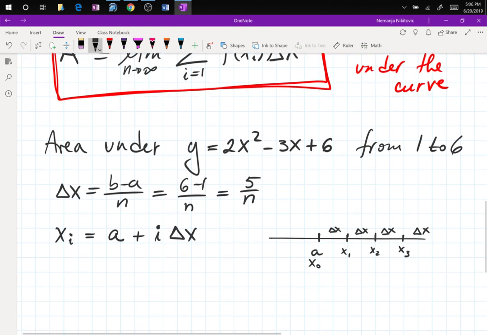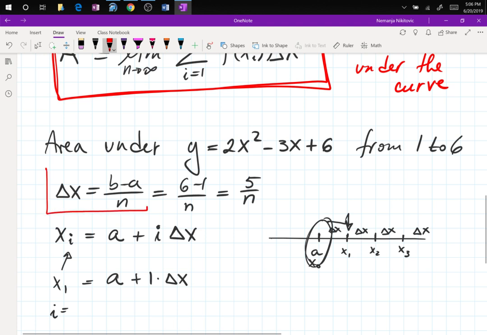So to find x1, your i is equal to 1. And x1 is a plus 1 times delta x. Well, a plus 1 delta x gets you to x1. So this formula makes sense.